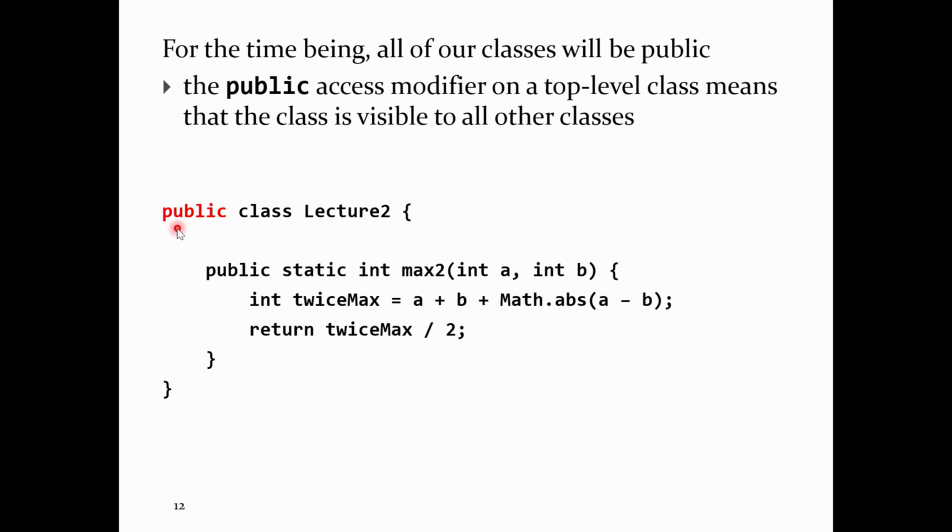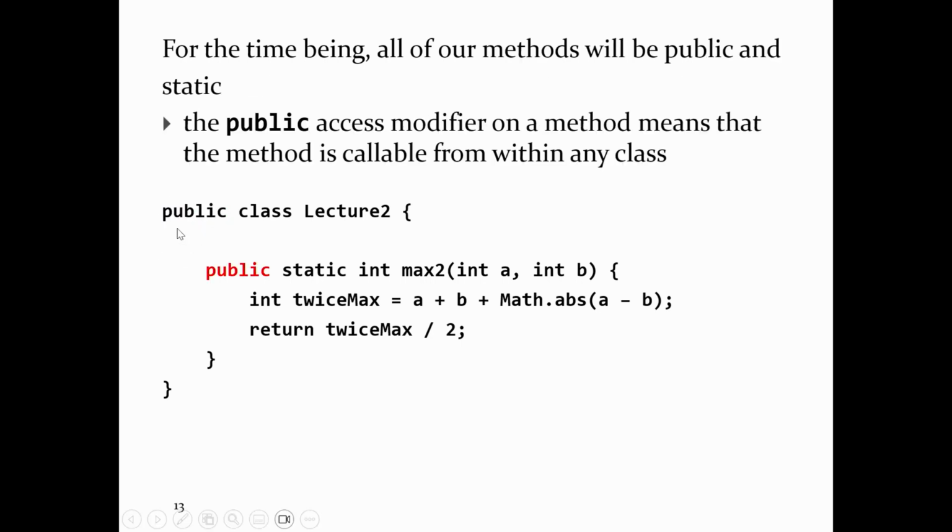That's called an access modifier in Java. On a method, the public access modifier means that any other class can use the method. Later on in the course, you're going to see that there are other types of access modifiers. There are 4 different access modifiers for methods and 2 different access modifiers for top-level classes. For now, everything's public.